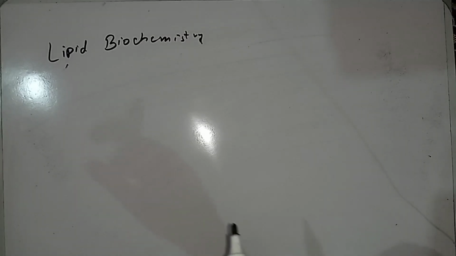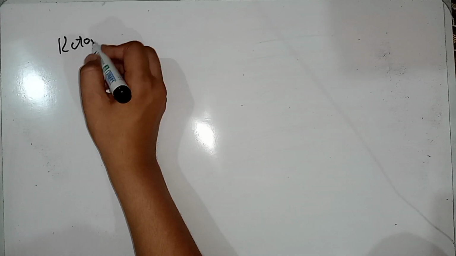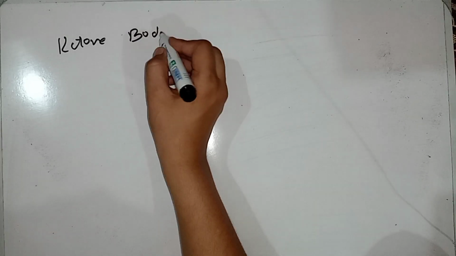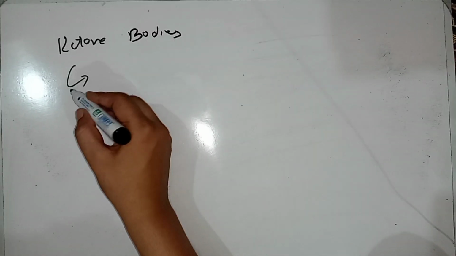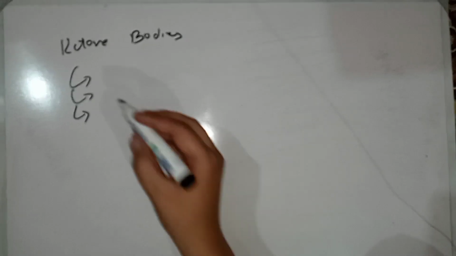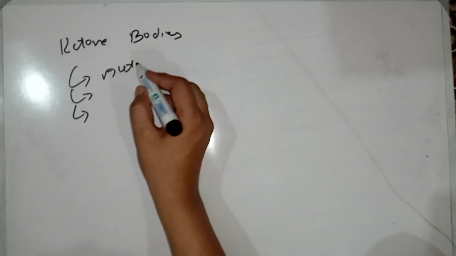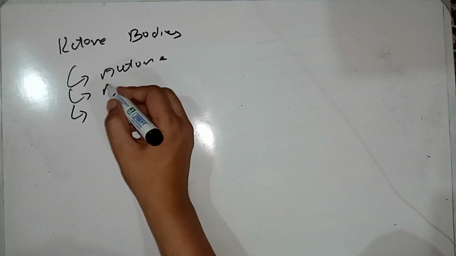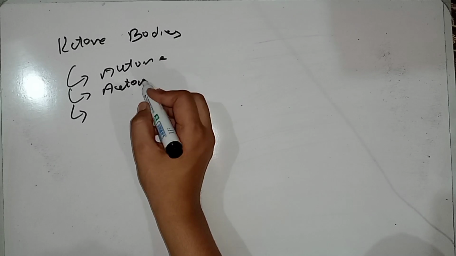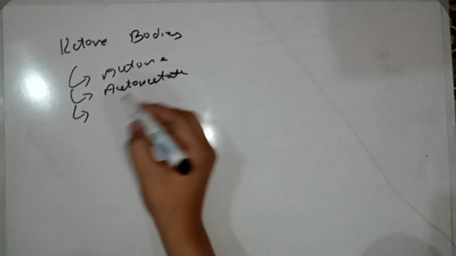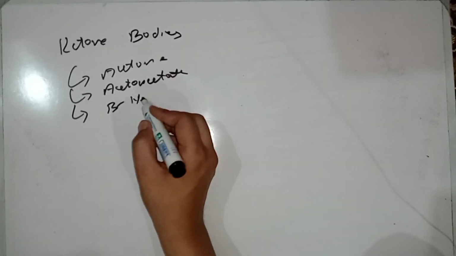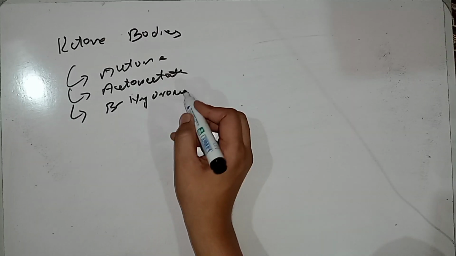Okay. Next we come to the concept of ketone bodies. So what are ketone bodies? Basically, three substances are termed as ketone bodies. One is acetone, another is acetoacetate, and beta hydroxybutyrate.